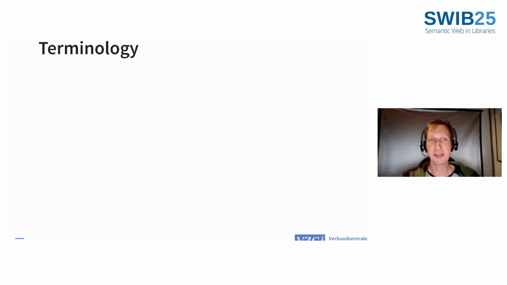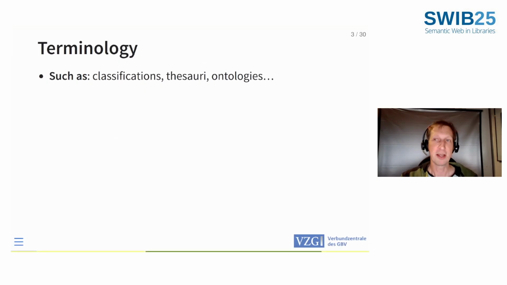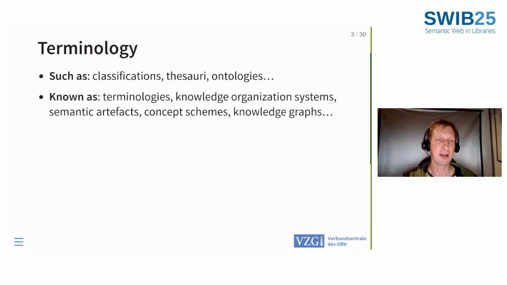First, some terminology. So what is this all about? The format was created to encode classifications, thesauri, ontologies, and similar systems. The naming differs, but these are also known as terminologies, knowledge organization systems, semantic artifacts, concept schemes, knowledge graphs, and so on.